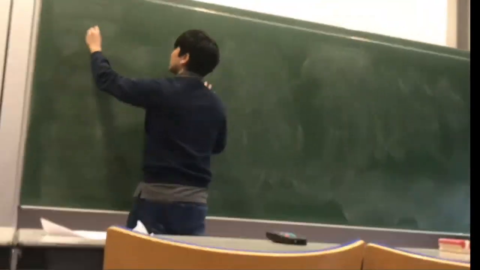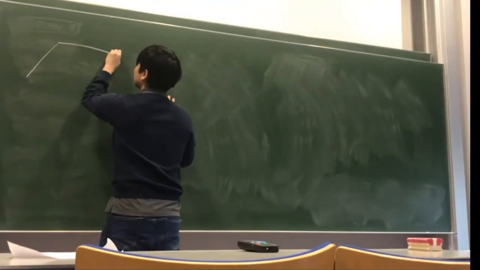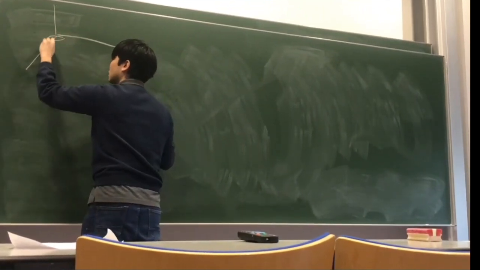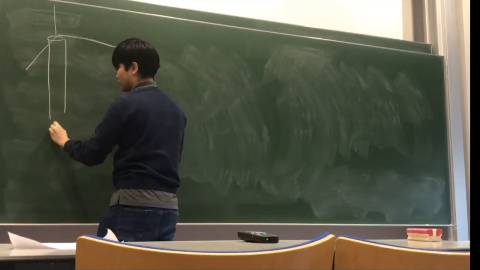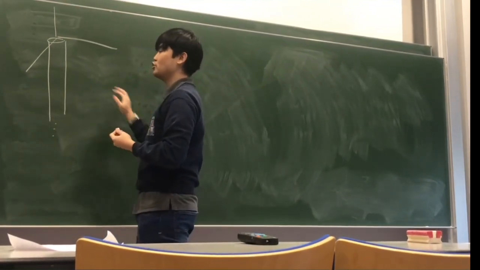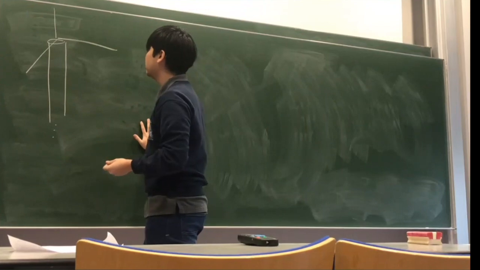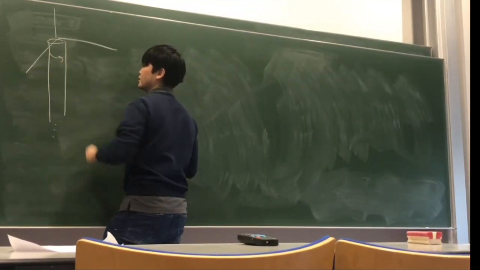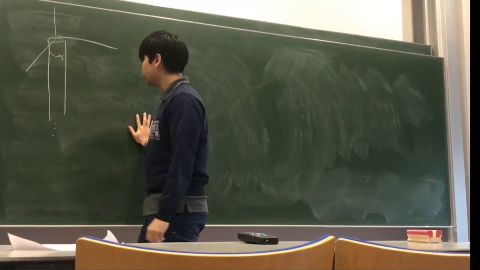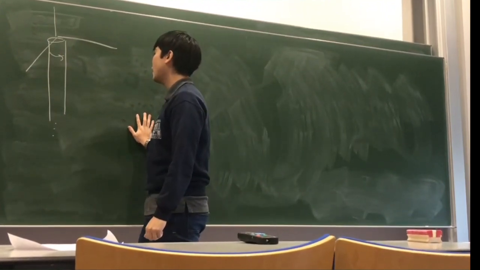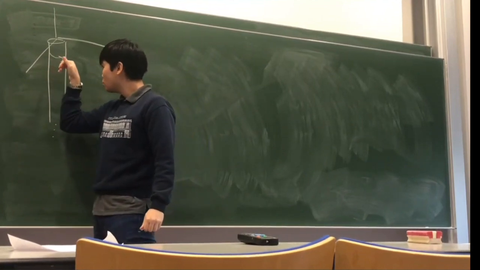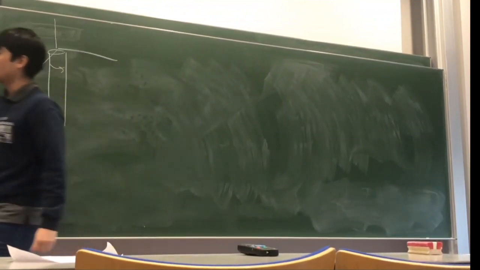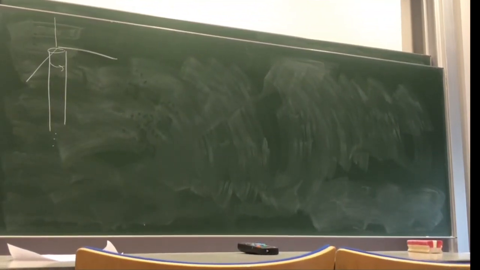So let's consider a solenoid, semi-infinitely long, and let's say that the current is flowing in this direction. Now, I claim that if you compute the magnetic field from this solenoid, you will get exactly this field.